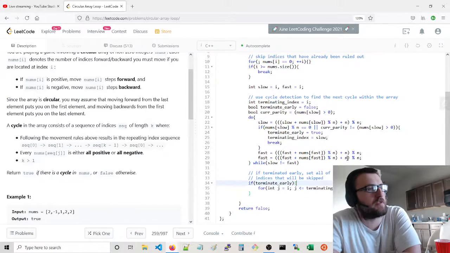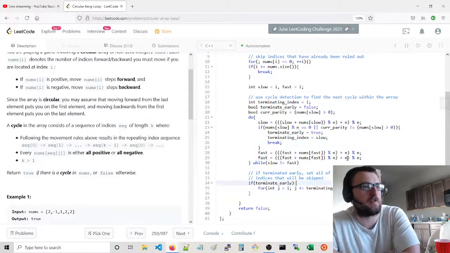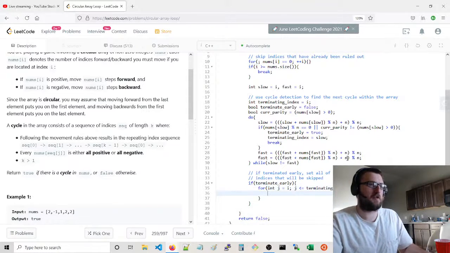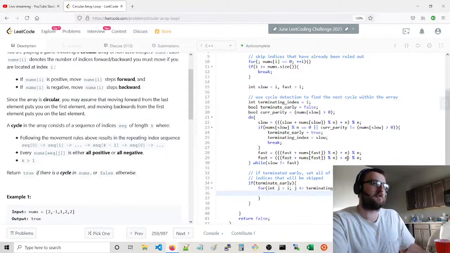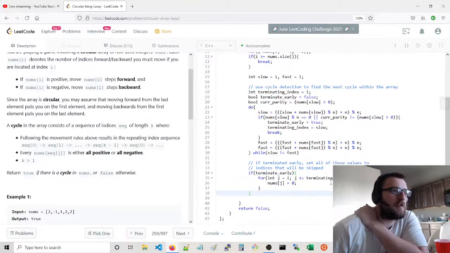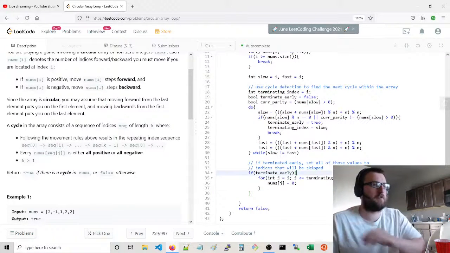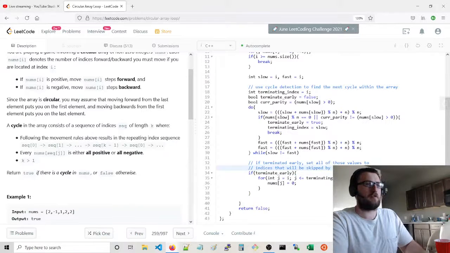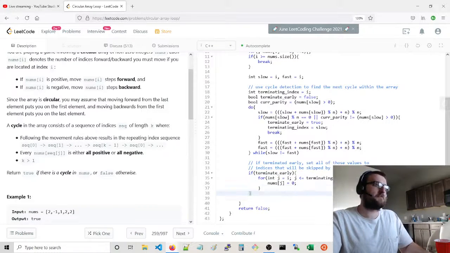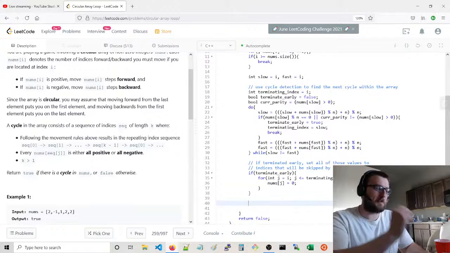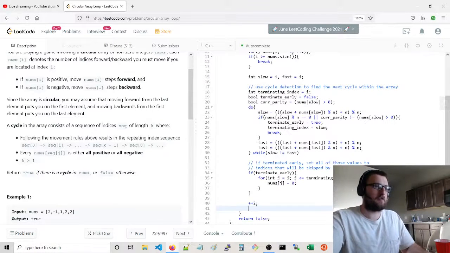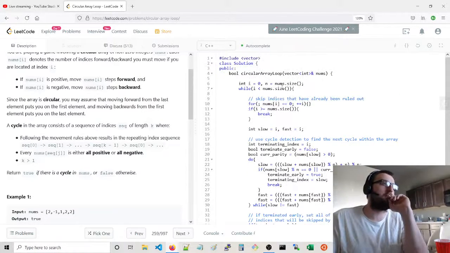You will eventually reach the terminating index, right? I mean, you necessarily need to. All of these are going to be set by setting them to 0, so nums of j equals 0. Then you set all this to 0, and I think you just increment I, which makes I really just something in a for loop here.